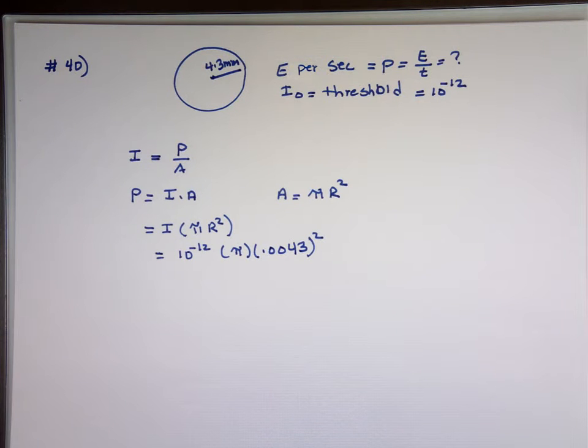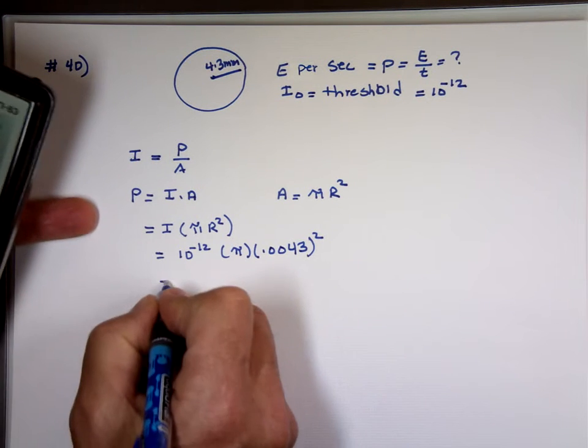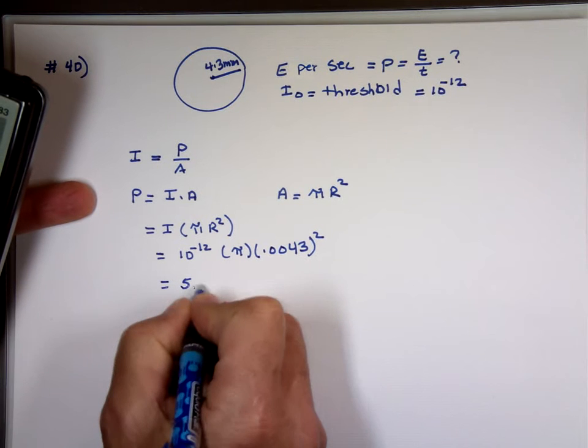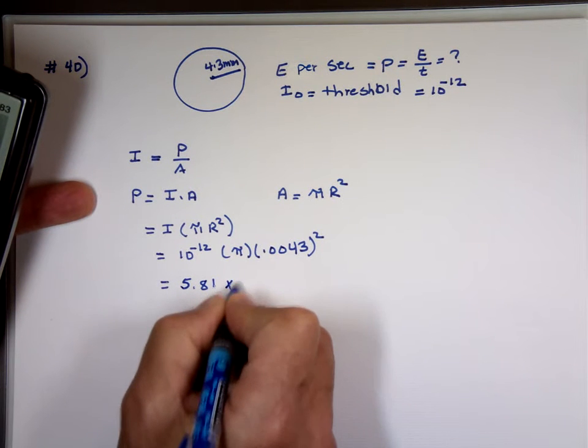Square it, times pi, times 1e-12, and I got 5.81 times 10 to the negative 17.